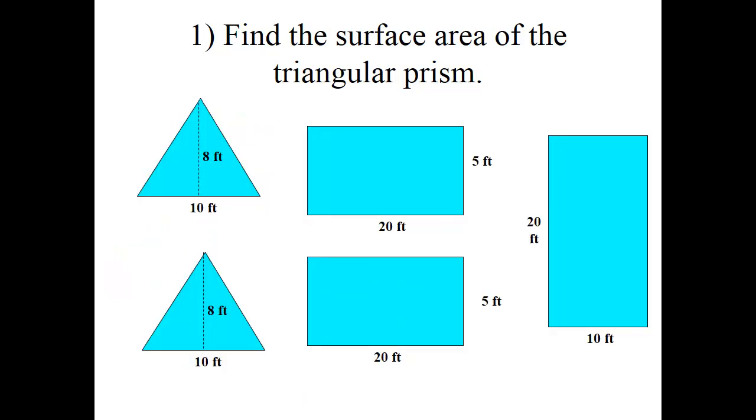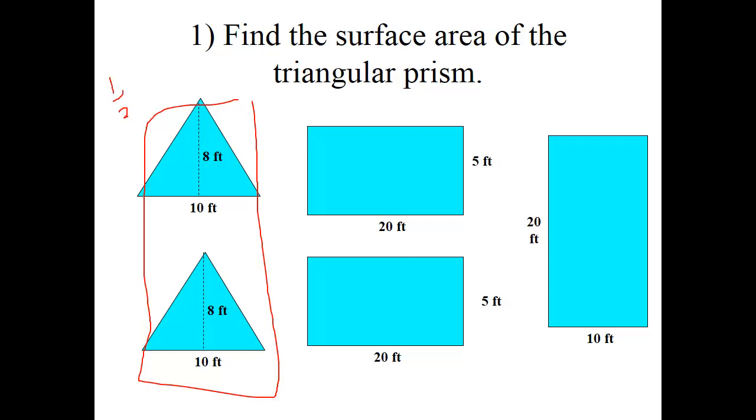So now I need to find the area of each face, but for triangles I'm going to find one of them and multiply times 2. So the area of the triangle is half times base times height.